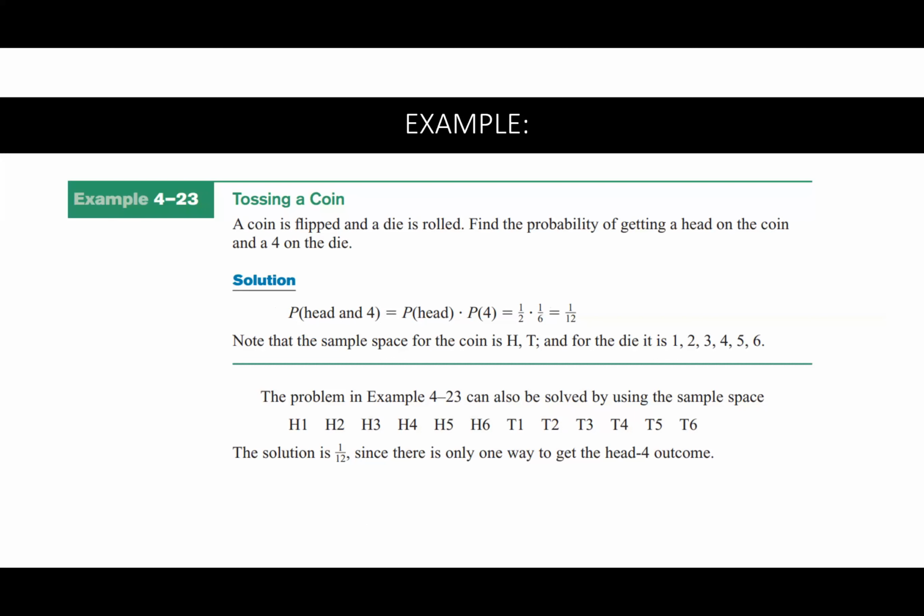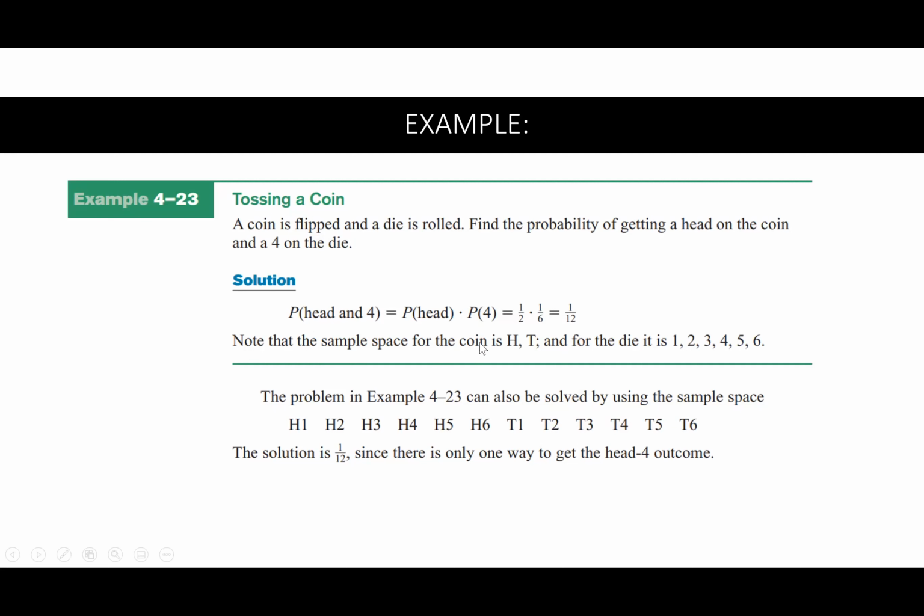An example: a coin is flipped and a die is rolled. Find the probability of getting a head on the coin and a 4 on the die. So the probability of head and a 4 is the probability of head multiplied by the probability of 4. It is 1 by 2 times 1 by 6, and the total is 1 by 12.